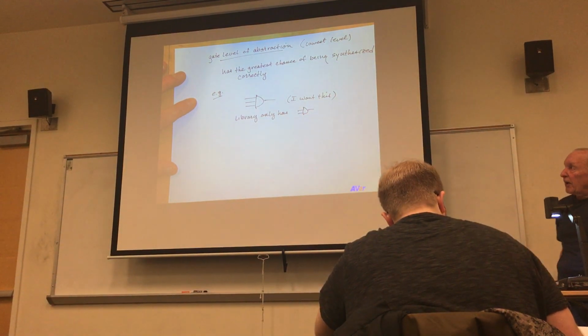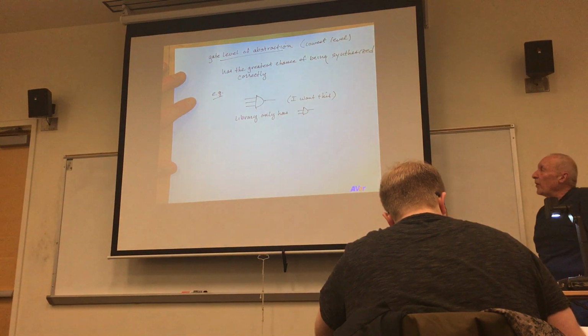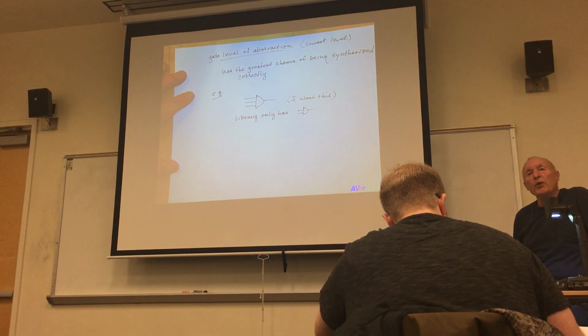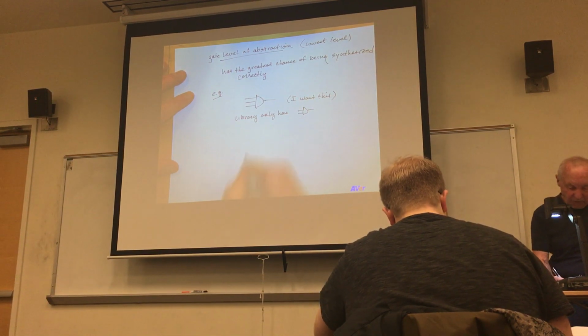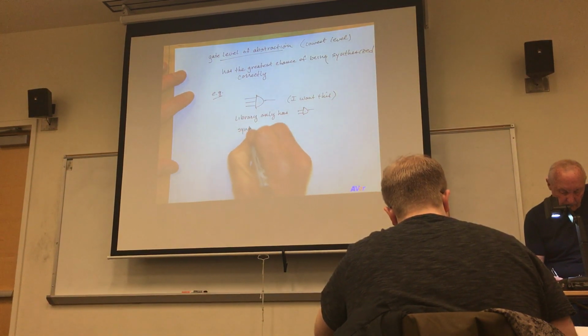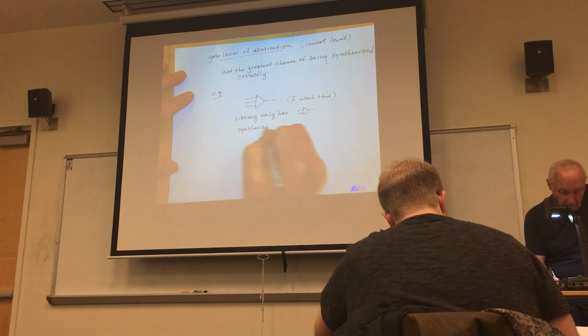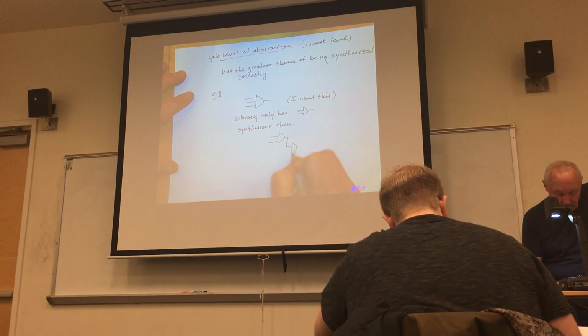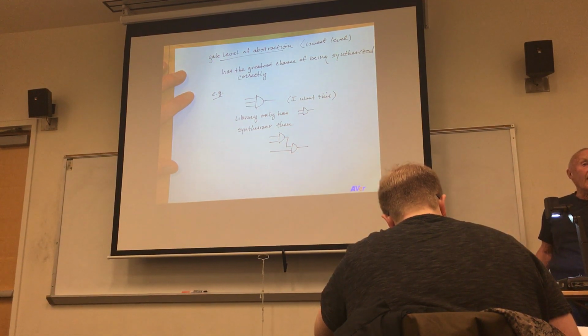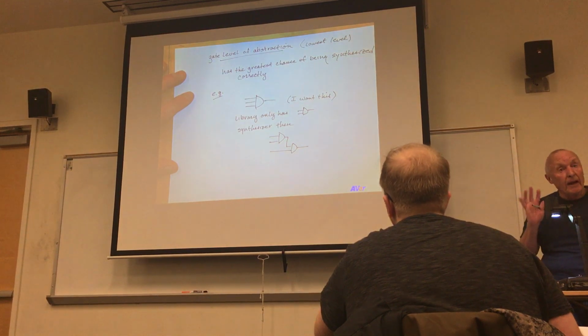But let's suppose that your component library only has 2 input AND gates. Then the synthesizer would have to figure out that it needs to do that to get a 3 input AND gate function.